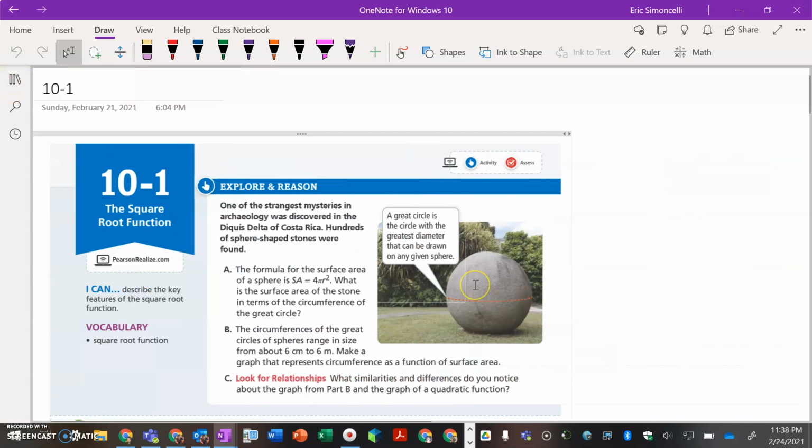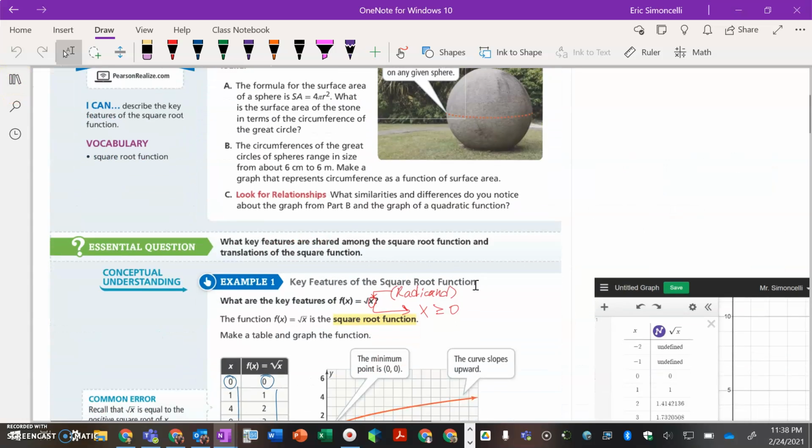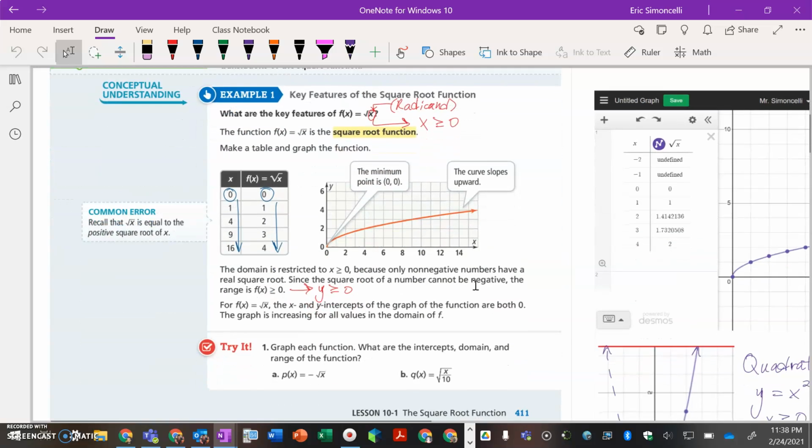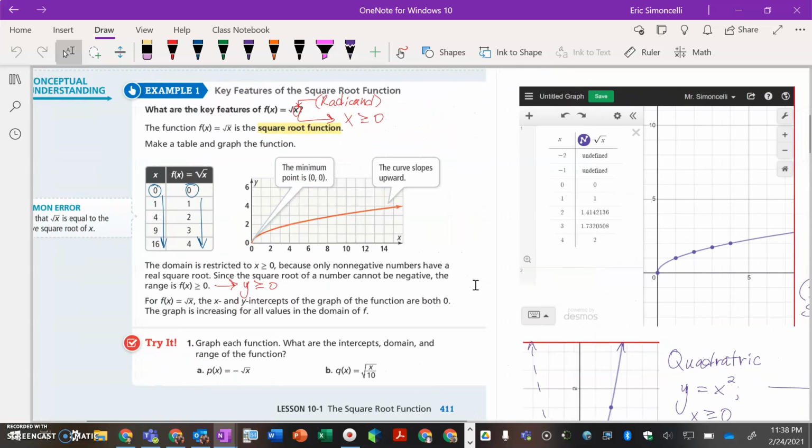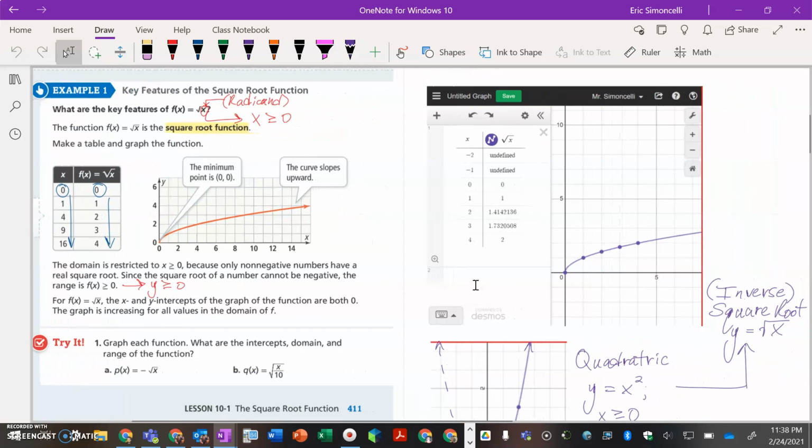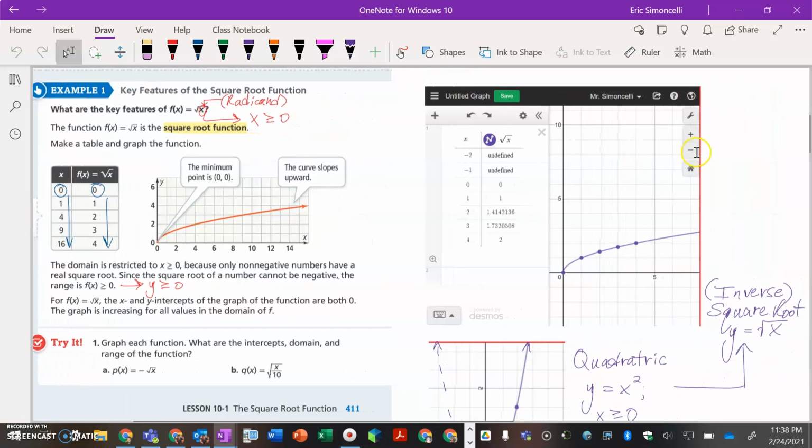So thus far, if you recall, we have already talked about in example 1 key features of the square root function. As we revisit this a bit here, and of course take a look at the graphs again, f of x equals the square root of x, using minimally 3 points, and if you remember, they used 5 points in their analysis. 0, 0 must be used to start with as the minimum point. 1, 1 is certainly nice to use because the square root of 1 is nicely 1.